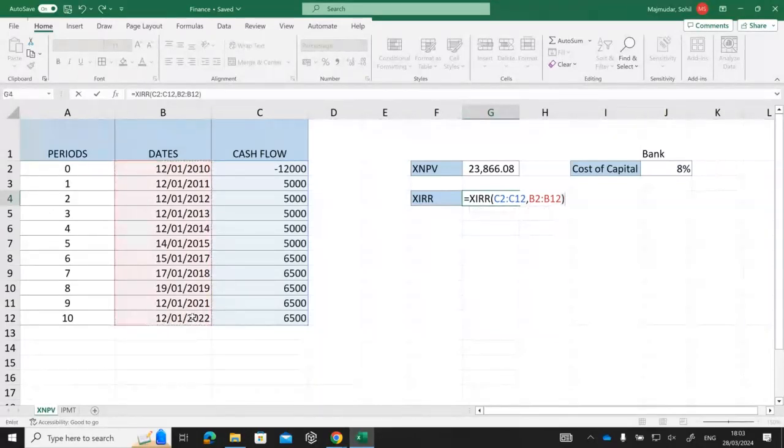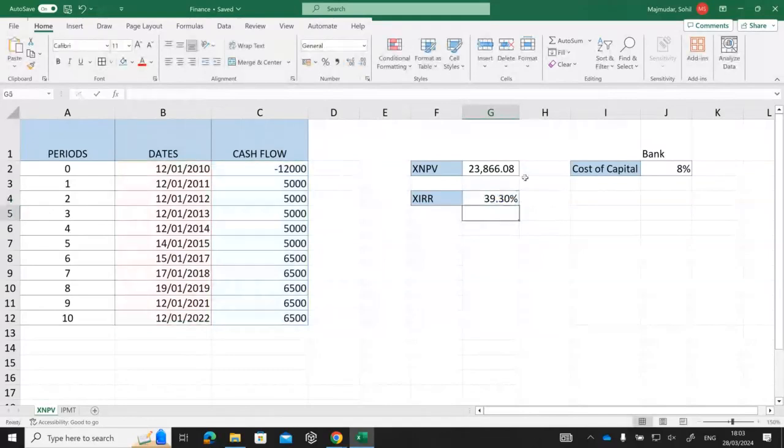Close and enter. Select the values, comma, select the dates. IRR works if there are no gaps in your data, but there's a gap here, so you have to use XIRR. And press enter. And make a note, this will be a percentage, not a number.